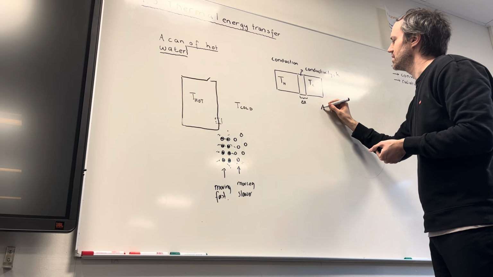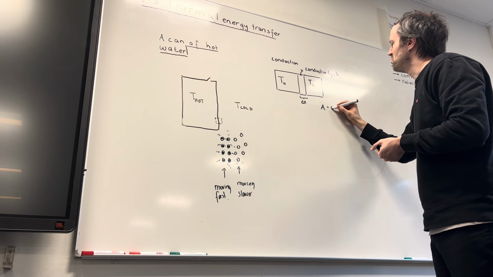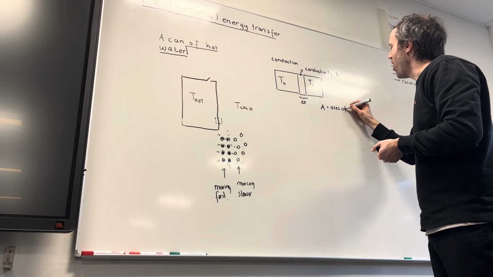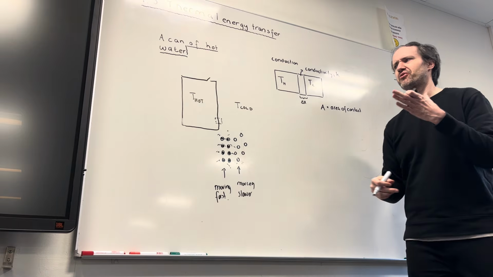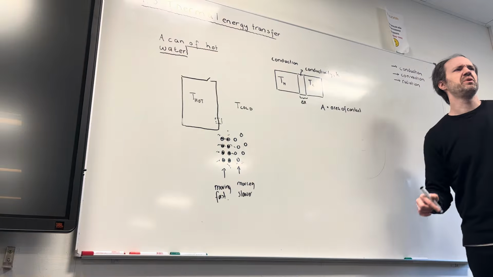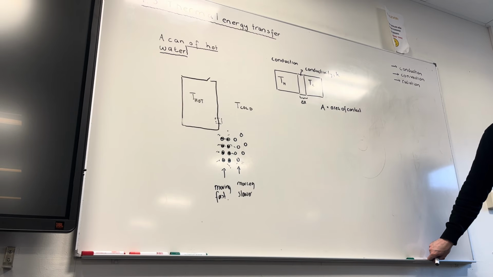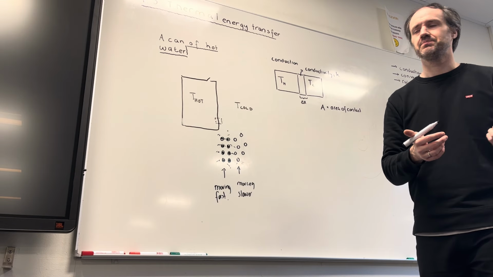We would have A, which would be the area of contact, because they have different contact areas. So in the case of the can, what will be the area of contact? Where would you start finding it? We just do the surface area where the two mediums meet. Yeah, where the two reservoirs are in contact.